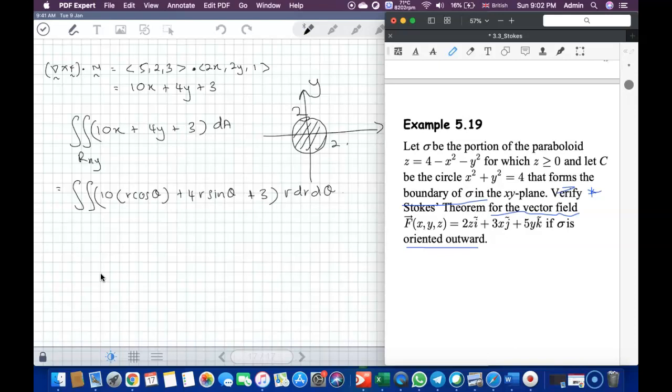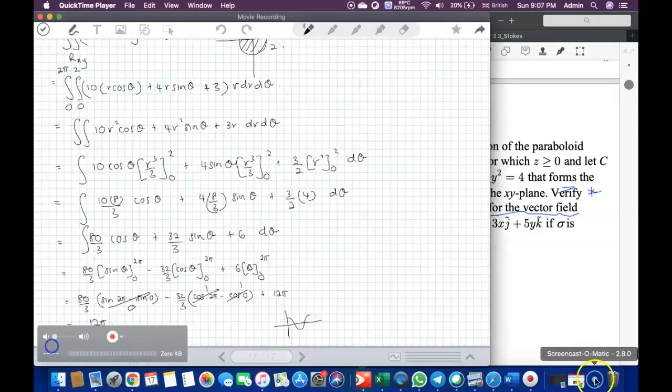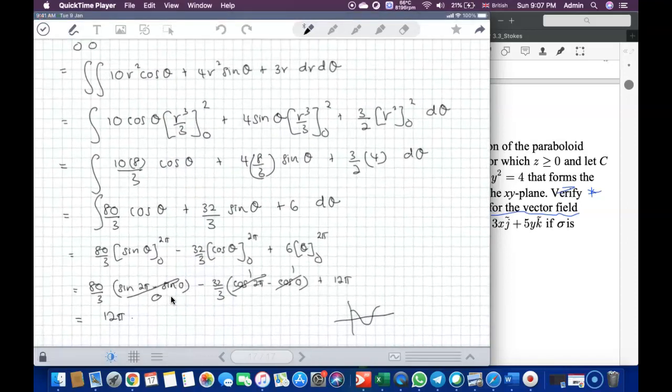So you have a complete circle, theta from 0 to 2 pi, and your r is 0 to 2. Okay, so it looks like you need to simplify your expression here. Don't forget the standalone r here. You have to multiply the r with all the components inside the bracket. Okay, so then this is how you can integrate. It's not so complicated, but it's a bit long. So the answer will be 12 pi.